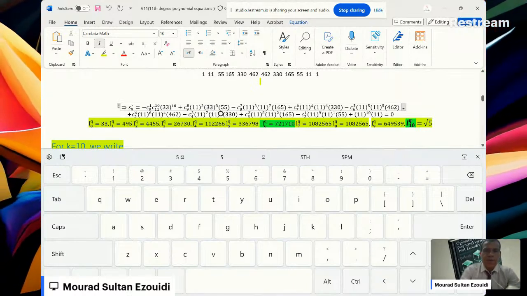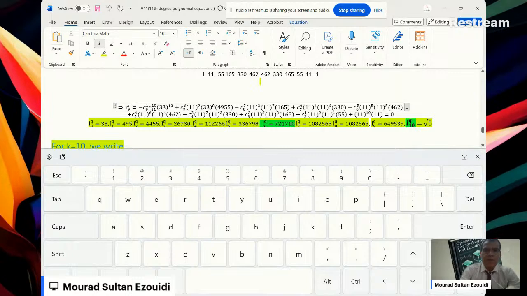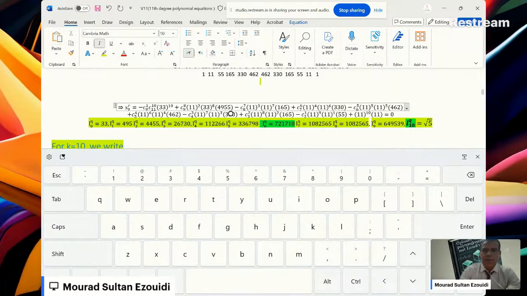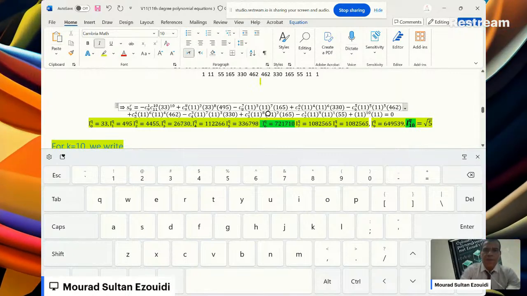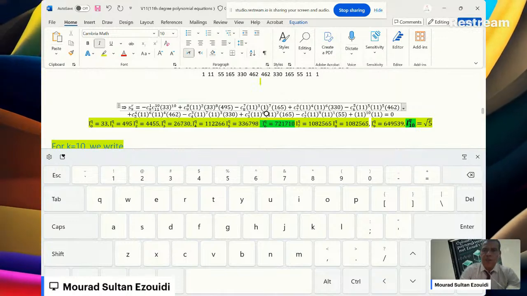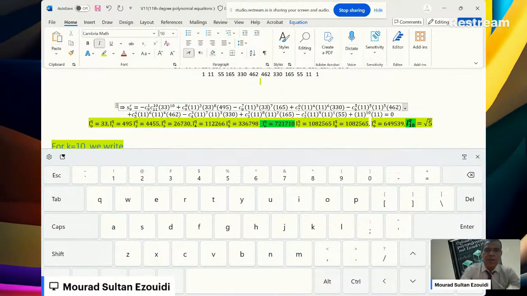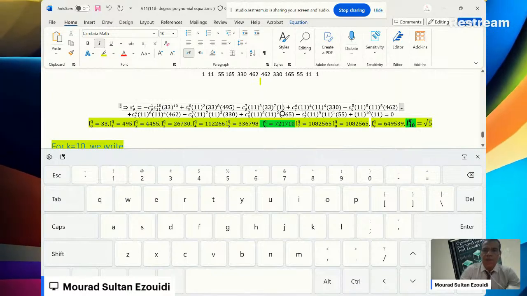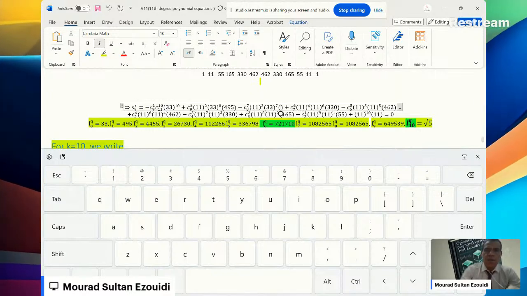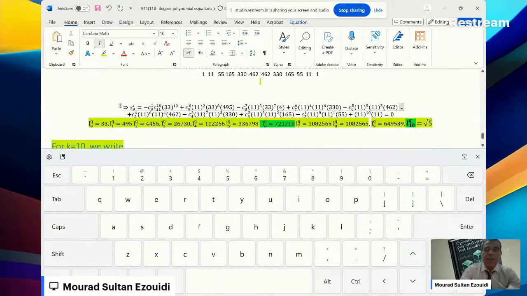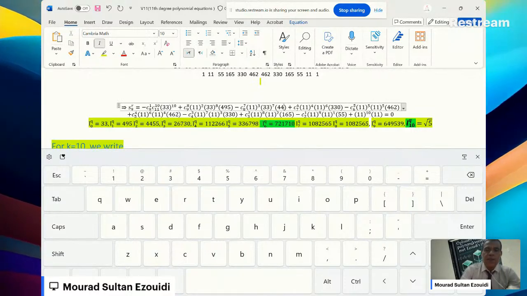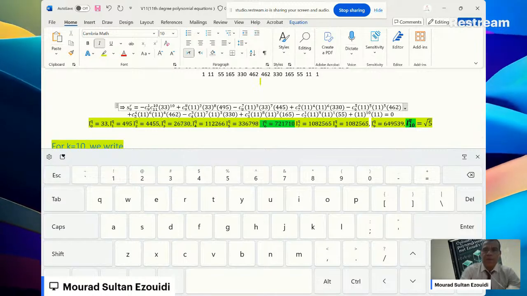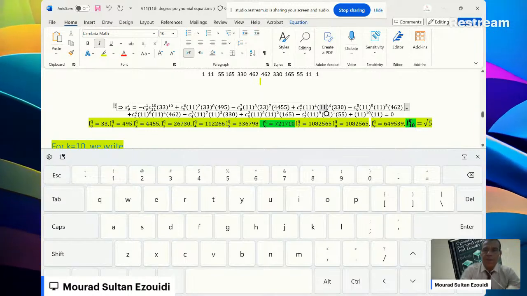This is 495. This is 33. I will change the coefficient. This is 4,000. 4,000 million 155. This is 33.